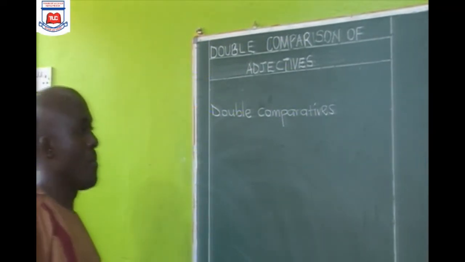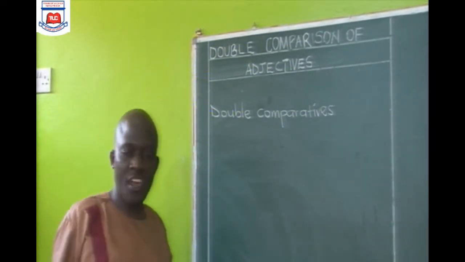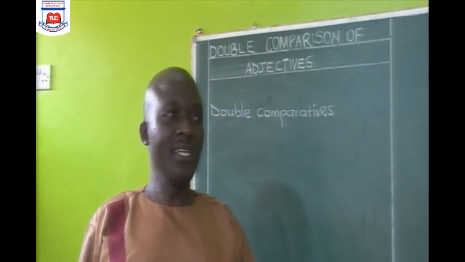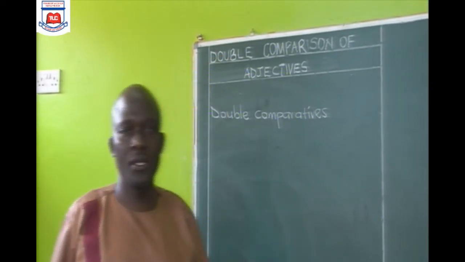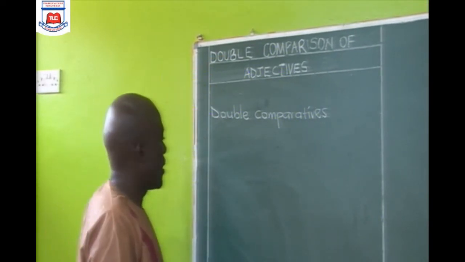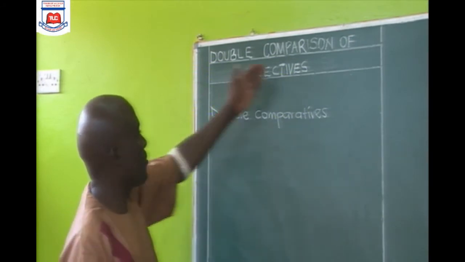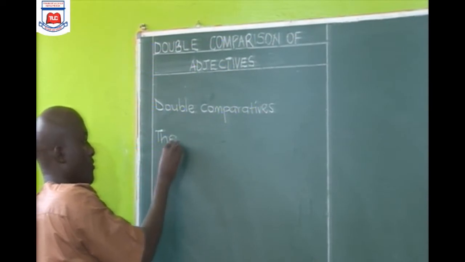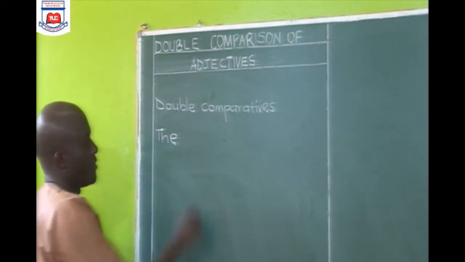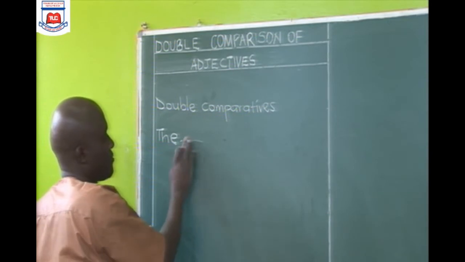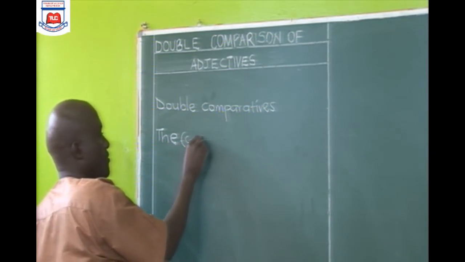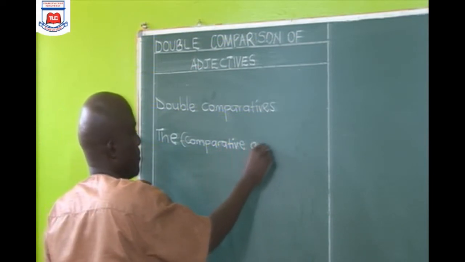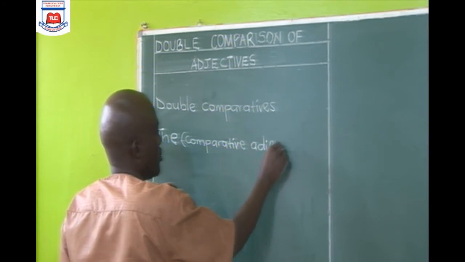Here, we mean we are going to be given two different sentences, but in each sentence, you are going to be given one adjective. So in order to have double comparison, each clause is going to start with "the," then followed by the comparative degree, or comparative adjective.